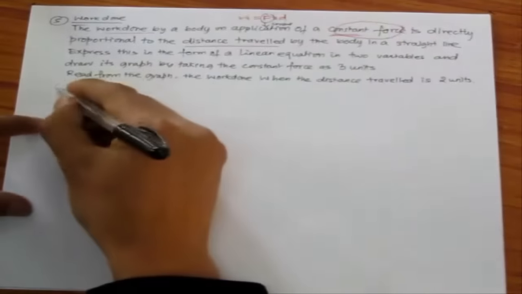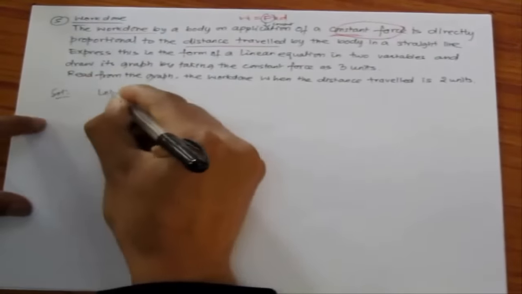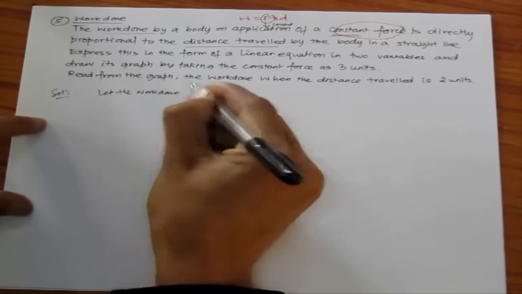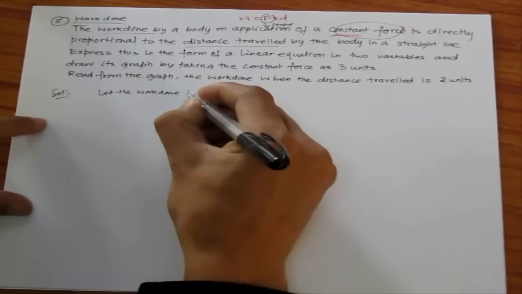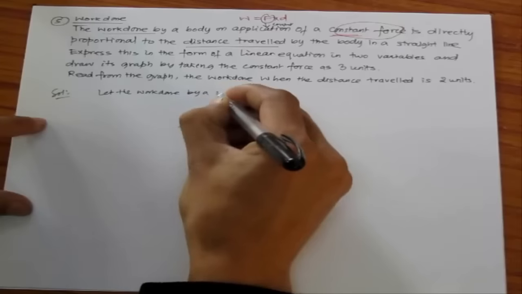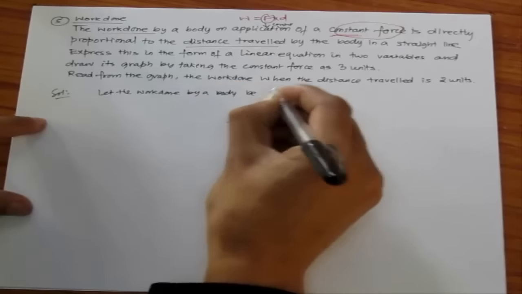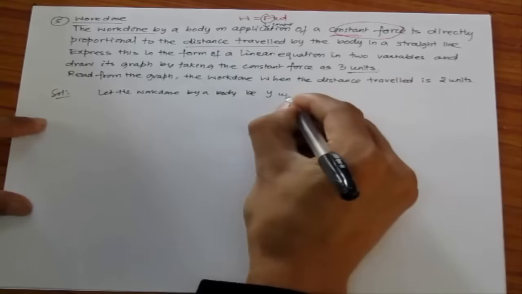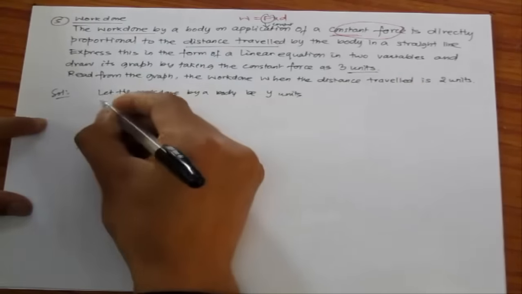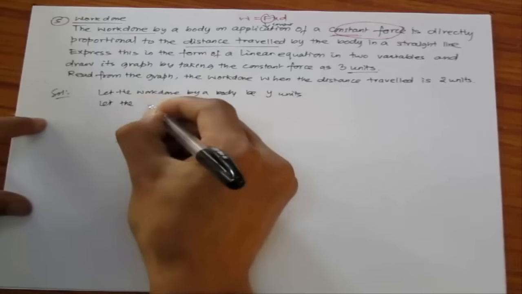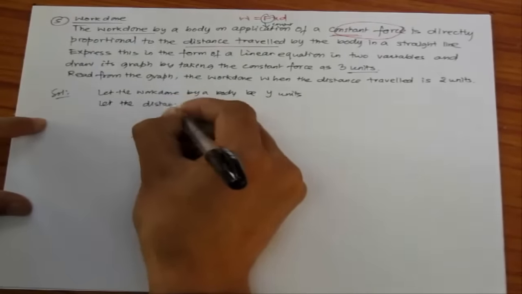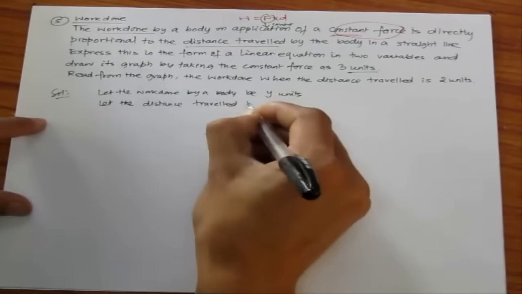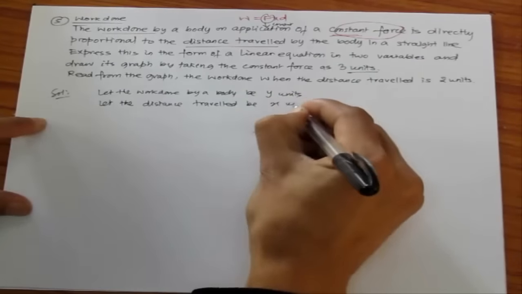So let the work done by a body be y units, and let the distance traveled be x units.